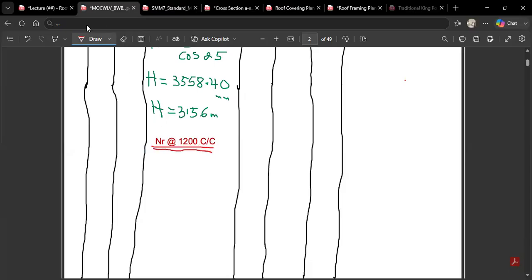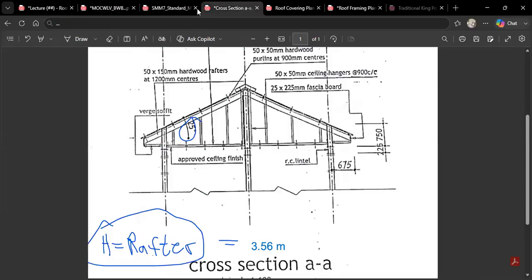First of all, what is the length? The length we saw initially was 13350. Let's go to the roof framing and you see that value.